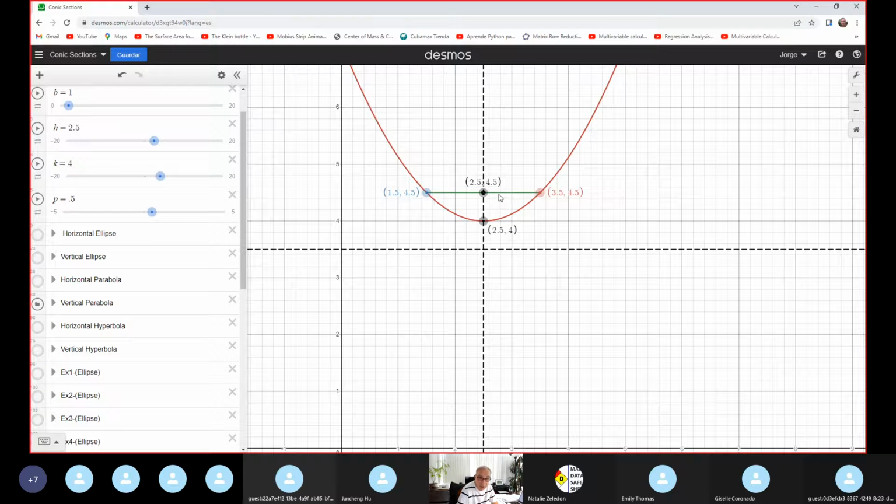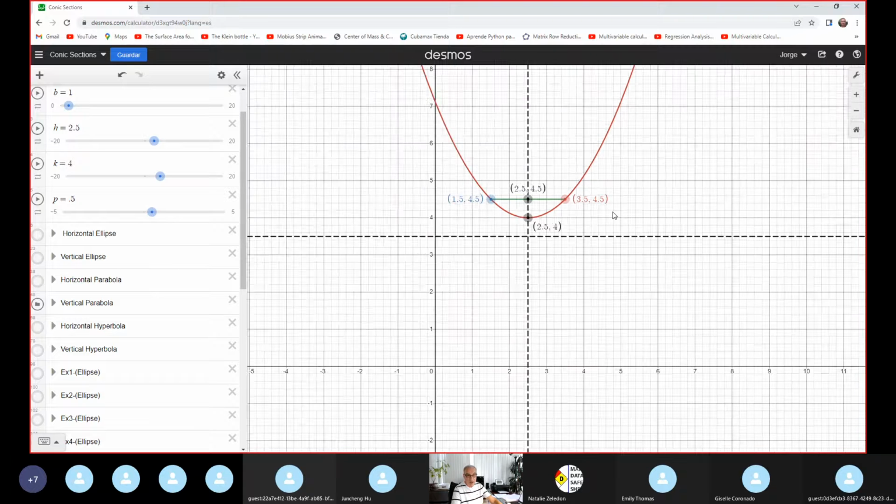And this in green color is the focal diameter segment, no? It is 2p in both directions, no? So 2p, if p is 1/2, multiplied by 2 is 1, therefore this point is 3.5, because it's 2.5 plus 1, and 2.5 minus 1 is 1.5. Okay, cool.